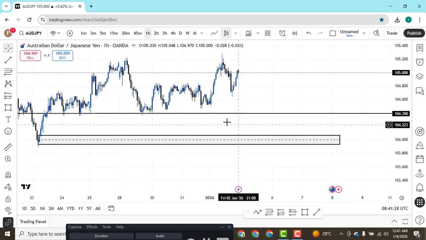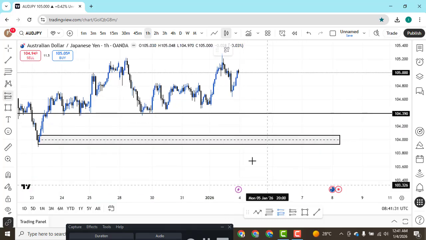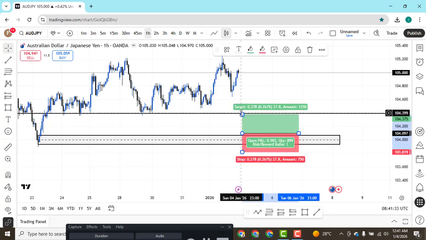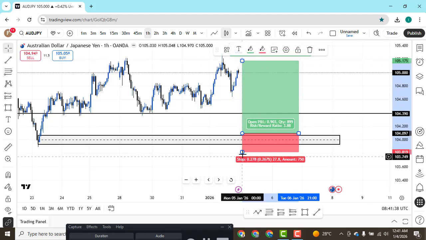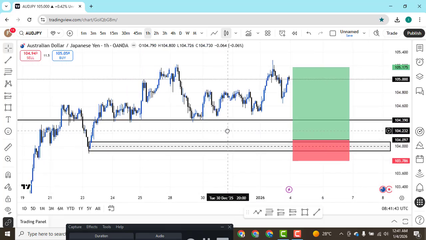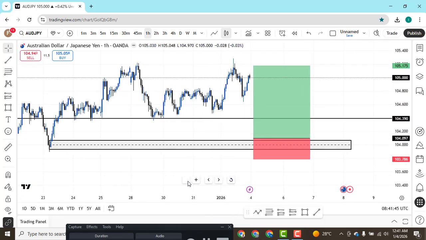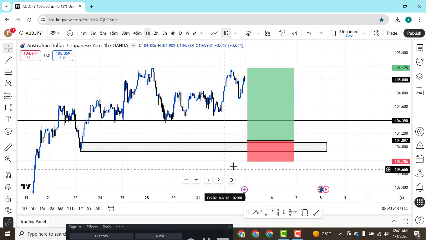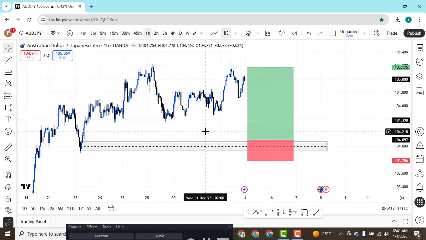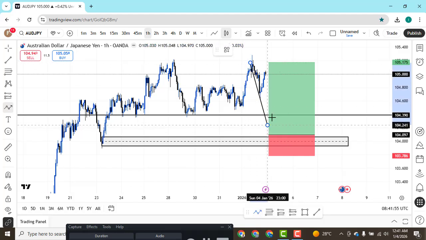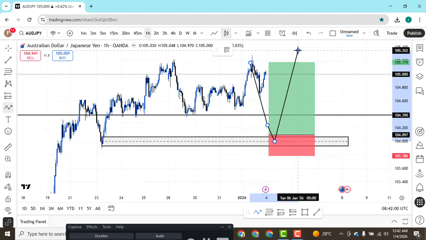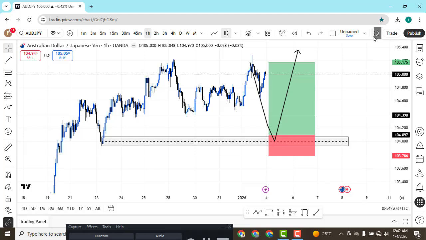Remember that sometimes if news breaks out, your analysis may not work, so keep watching the news. This is where I'm expecting AUD JPY to take out this liquidity, tap here and go up. So that is what I'm expecting on AUD JPY.